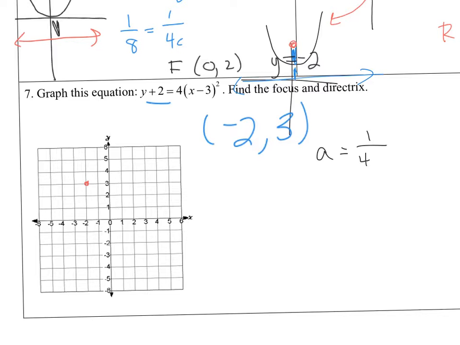It's going to open up because A is positive, and the first difference is 4, so it's going to go up 4, right 1, or up 4, left 1. So it's going to look something like this.